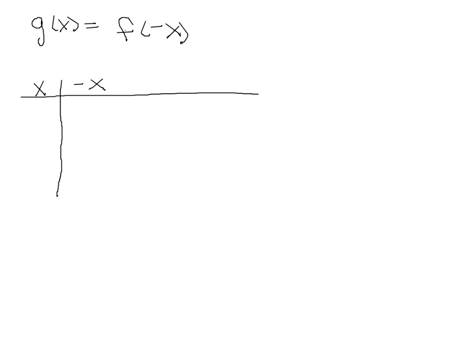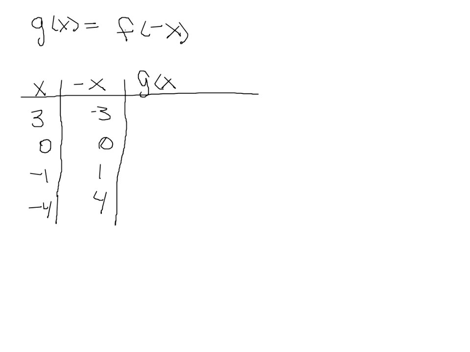So minus x needs to be -3, 0, 1, 4. What does x need to be so that when I multiply by a negative, I get -3? Well, that would be 3, 0, -1, -4. So these are my input values. I put them in here, and they get multiplied by a negative.